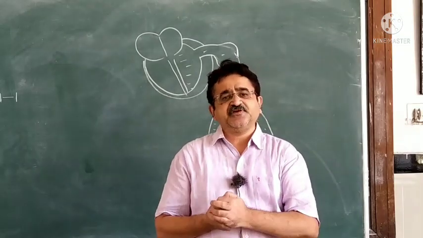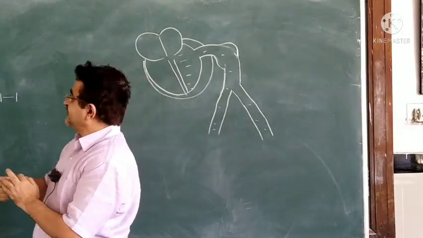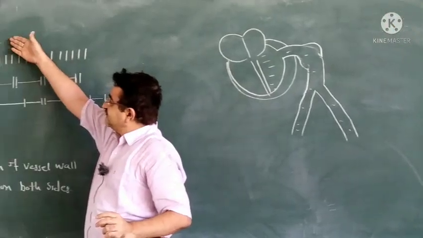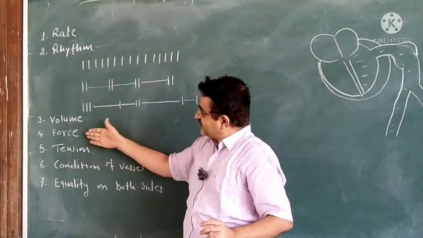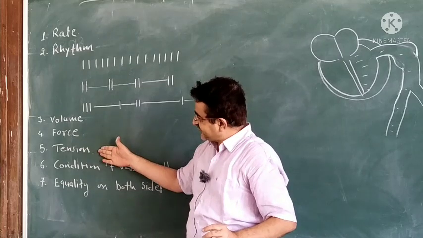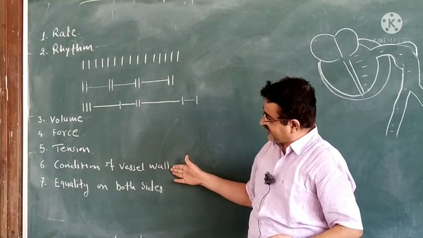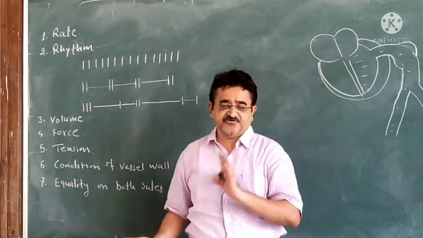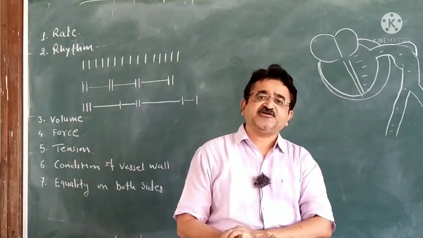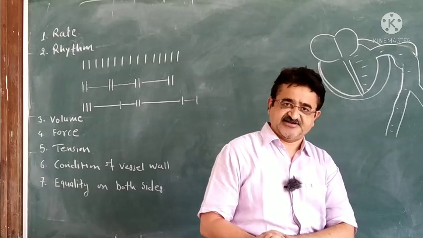Actually we examine many points, and among these points are: number one, the rate of the pulse, the rhythm of the pulse, the volume of the pulse, the force of the pulse, then tension, then the condition of the vessel wall, and whether the pulse is equal on both sides or not. So these are the points in which the clinical examination of pulse is described.